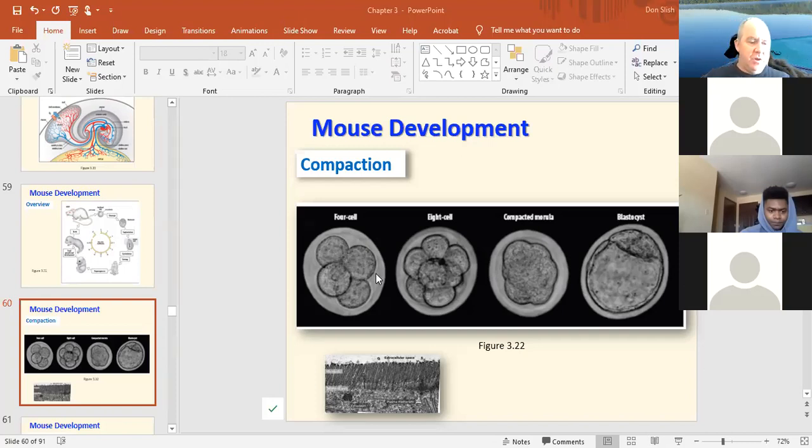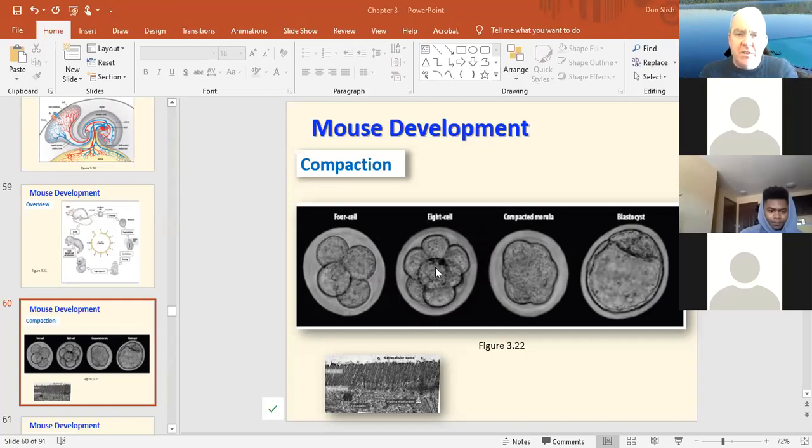And then the nuclei fuse, and now you've got your zygote. So now you've got one cell, and the cell divides twice to give you 4 cells, and divides again to give you 8 cells. Now at this point, you've got this bundle of cells together. We'll call that a morula, M-O-R-U-L-A, morula.